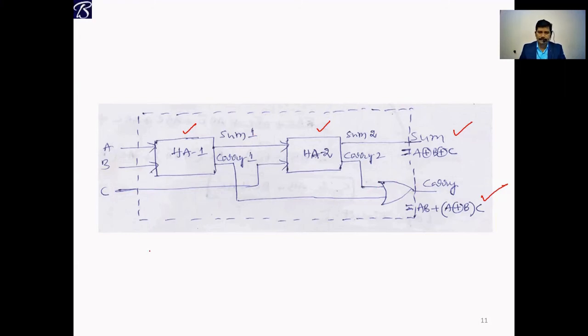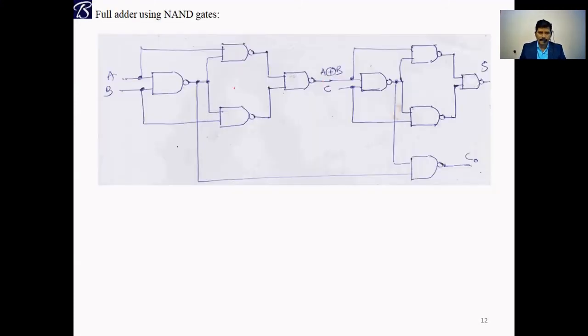Now let us see how many NAND gates are required to implement a full adder. 9 NAND gates are required. Let us see. Here for the XOR gate A XOR B, we require 4 NAND gates as we know, and with the input C, these two are an XOR gate and 4 more are required.